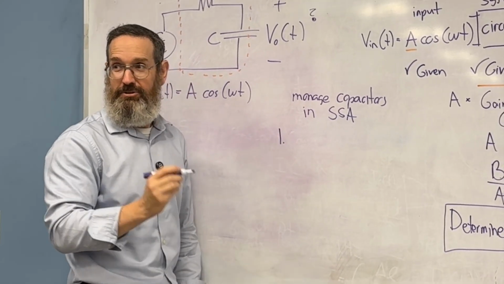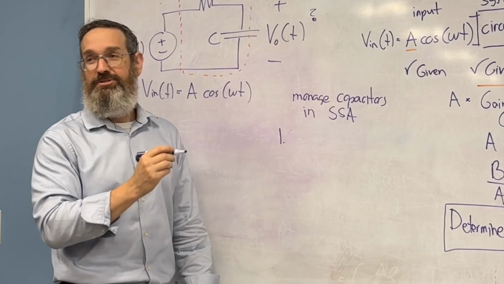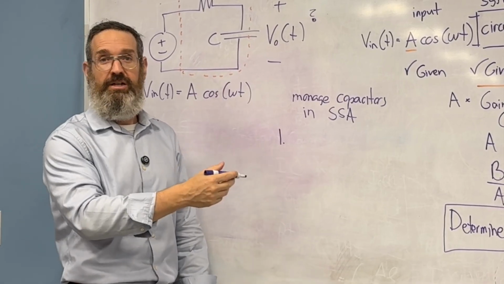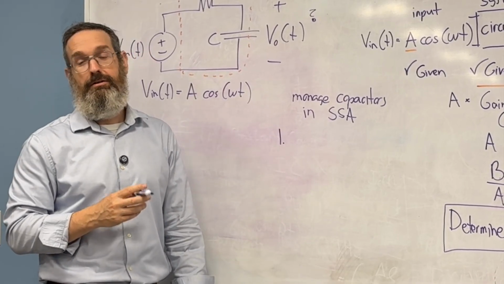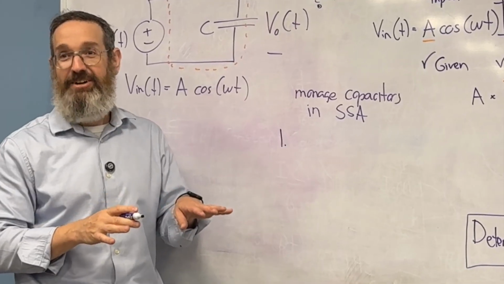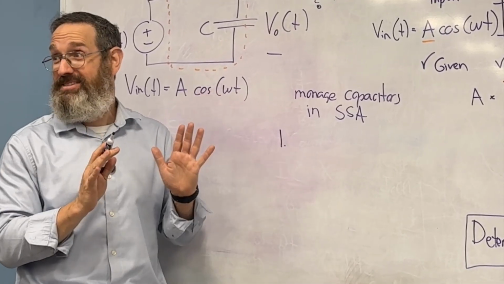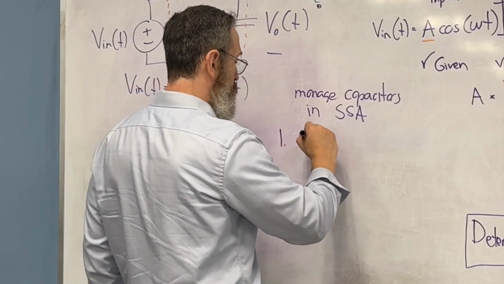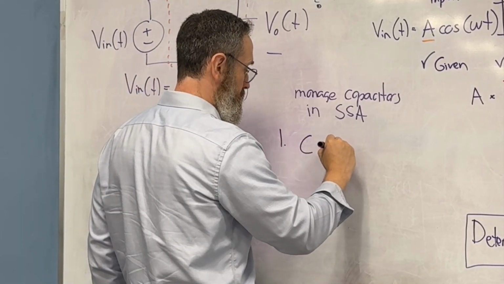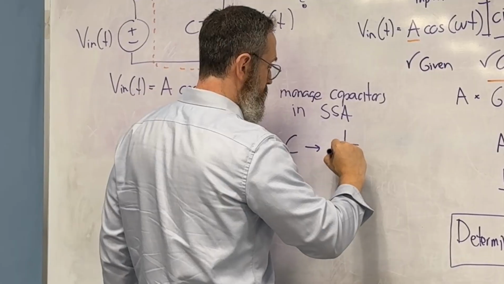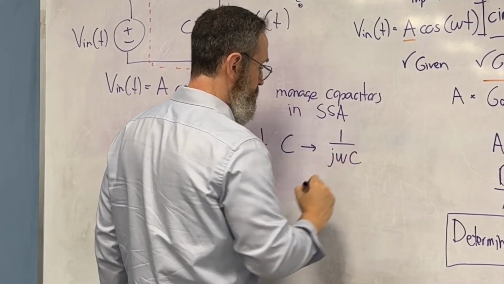And there are only 2 steps. I always do that to you, right? I always say, here's how you do it, and there's only 2 steps, and then a little while later I'm cheating and adding stuff, but okay. In reality, there are just 2 steps. Step number 1 is, wherever you see a capacitor, I want you to write 1 over JWC.